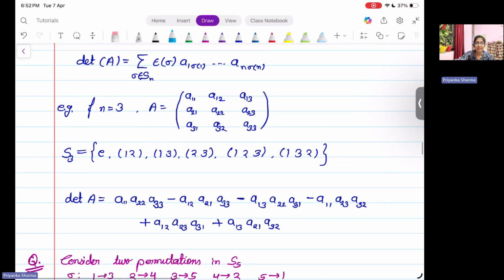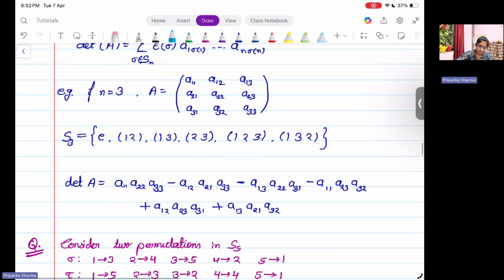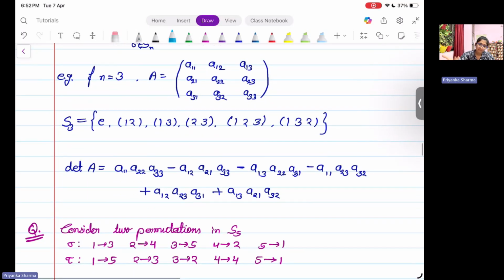And this is an example in S3. So using the sign map on S3, we can find the determinant of any 3 by 3 matrix where the entries are coming from some field. Say they are coming from the real field.